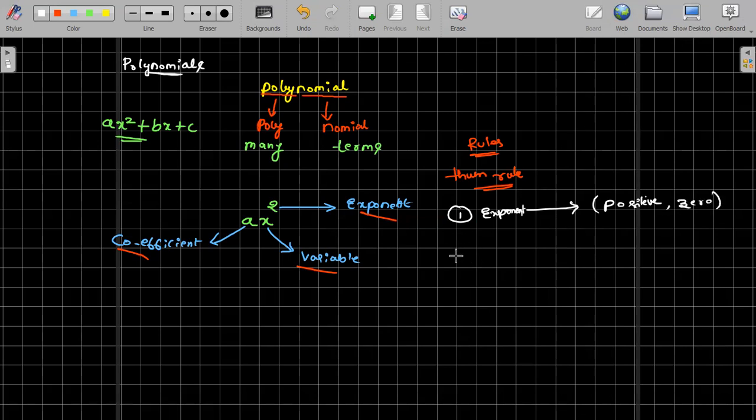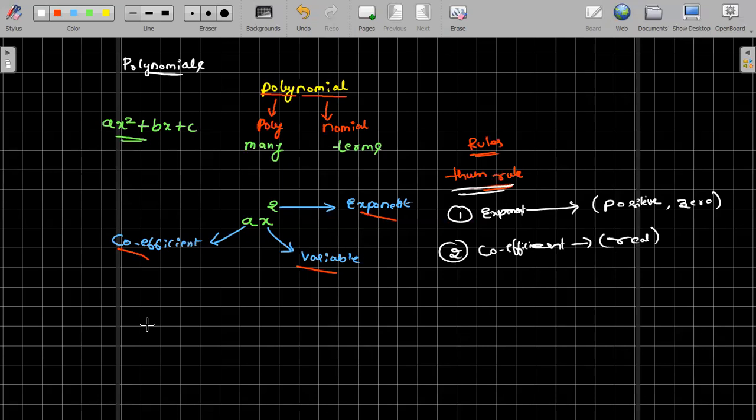This is important. The second rule says that the coefficient must always be real values. This is the thumb rule we have to understand very clearly.